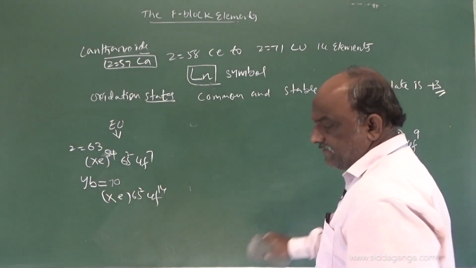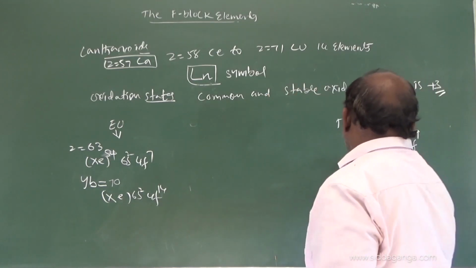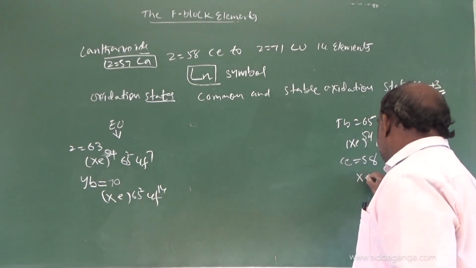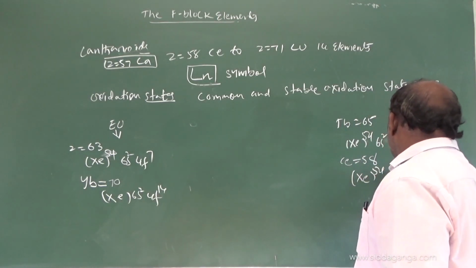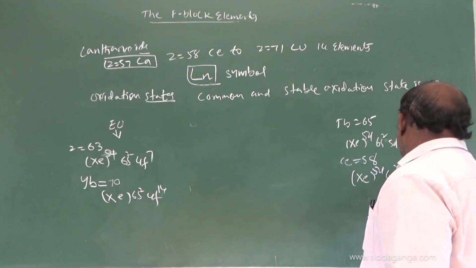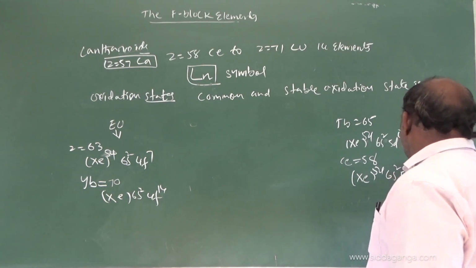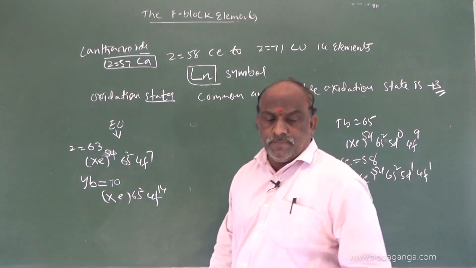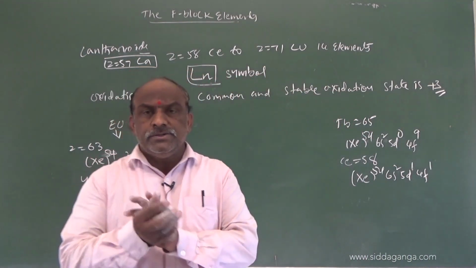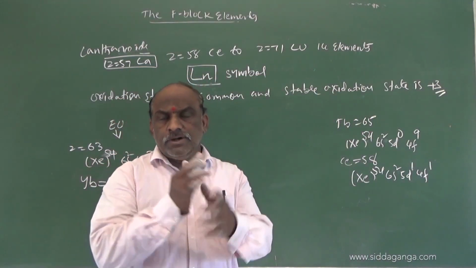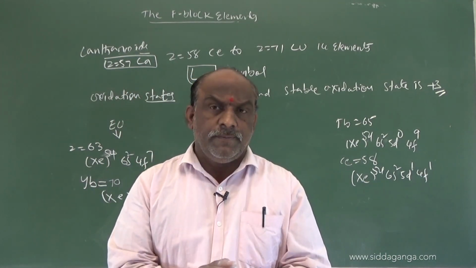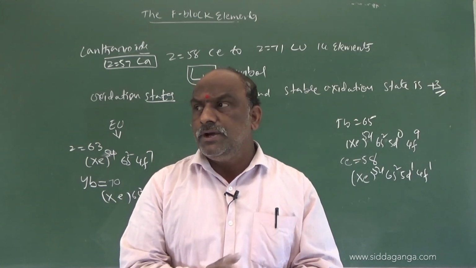And cerium, we know that cerium is 58: xenon 54, 6s2, 5d1, 4f1. Remember my dear students, I will explain some points regarding this which are very important from the entrance point of view. So don't neglect this.